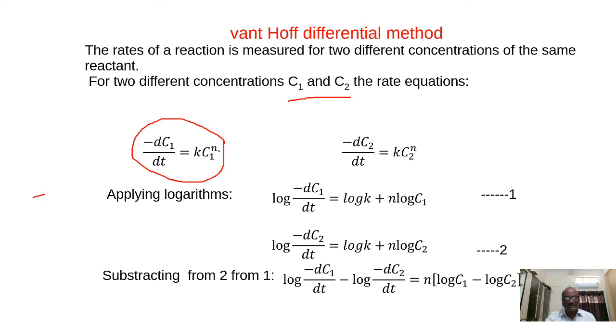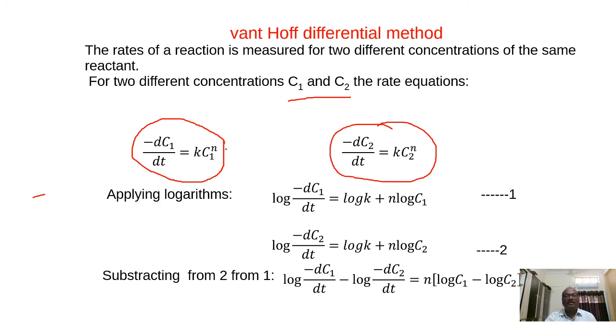We are saying the order is n, the sum of powers of concentration terms. Similarly, for C2 concentration of the same reactant, we write the rate equation as minus dC2 by dt is equal to K into C2 power n. n is the order of reaction.